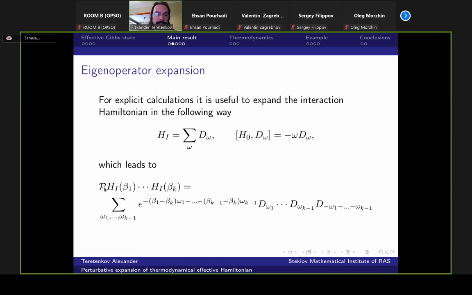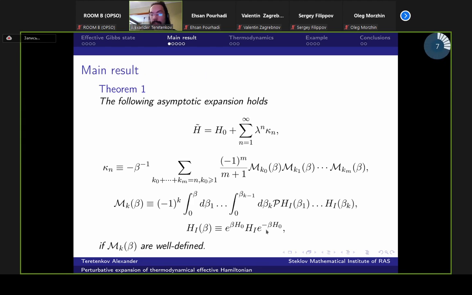This leads to the following formula for this construction, when this projector acts on the products of this h i dependent on the beta in such a way, and it is easy to see that all these mk are fully defined by these products.